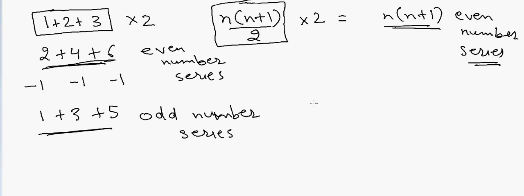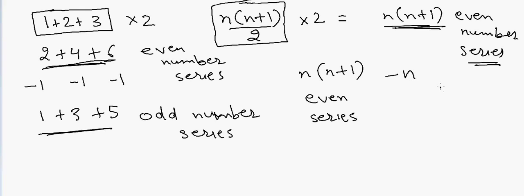So we had n into n plus 1 as the sum for the even series, and if you subtract n from it, that will give us the odd series, which is equal to n square, because you subtracted n number of ones from the digits to get the odd series.